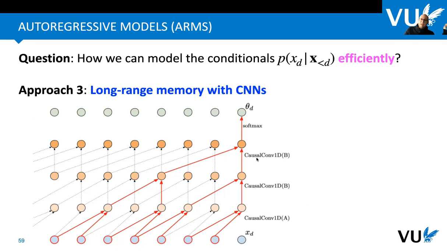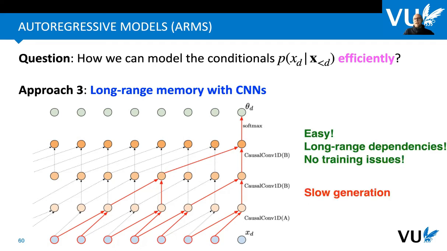Because if we stack 3 layers, the output for predicting the probabilities will look at 1, 2, 3, 4, 5, 6, 7 pixels just by stacking these convolutional layers. So this is a very efficient way of learning long-range dependencies.